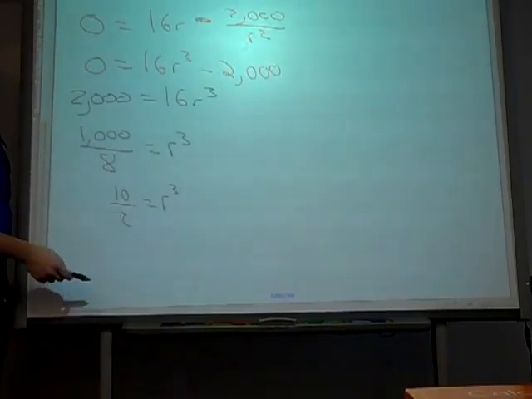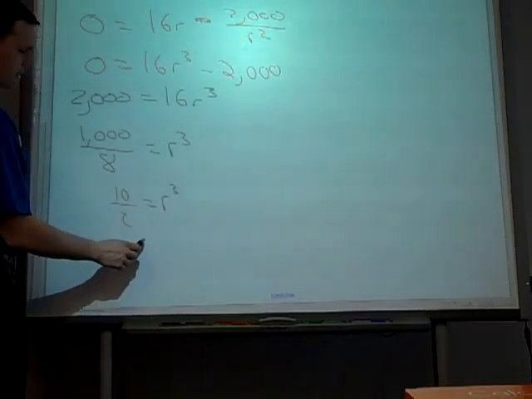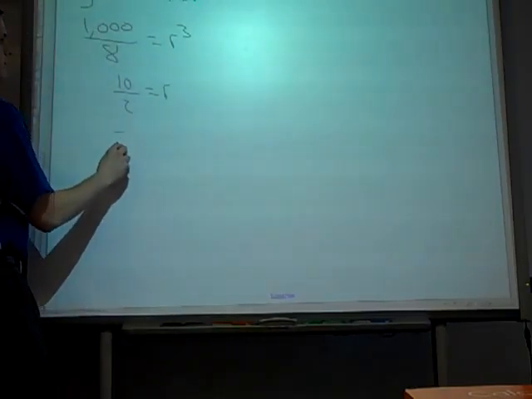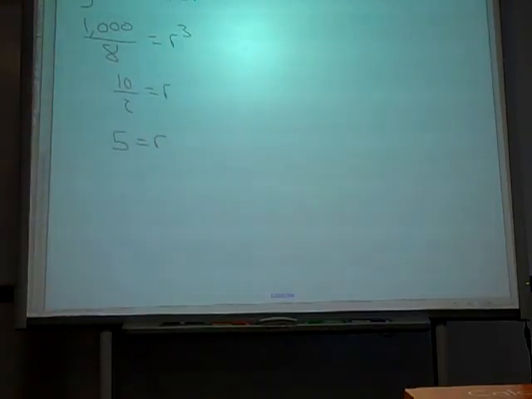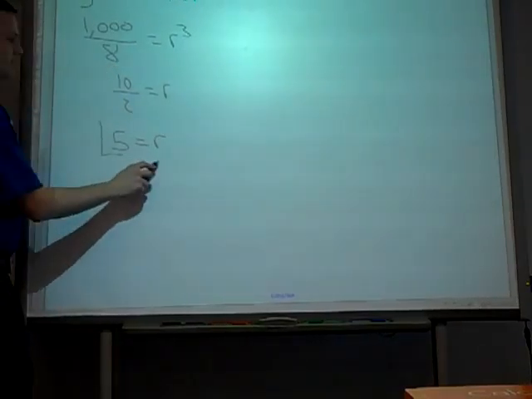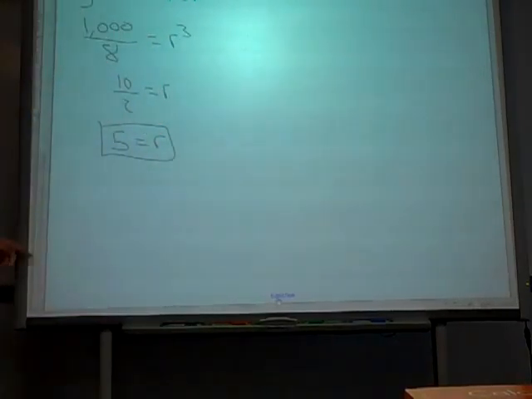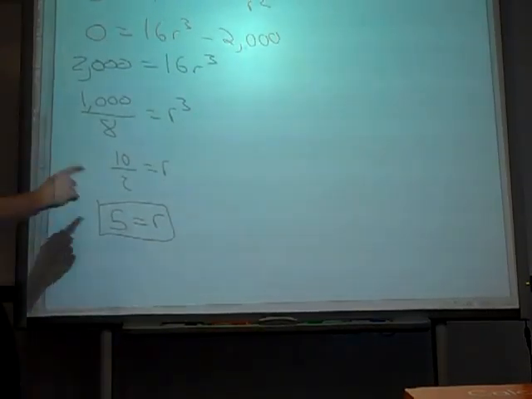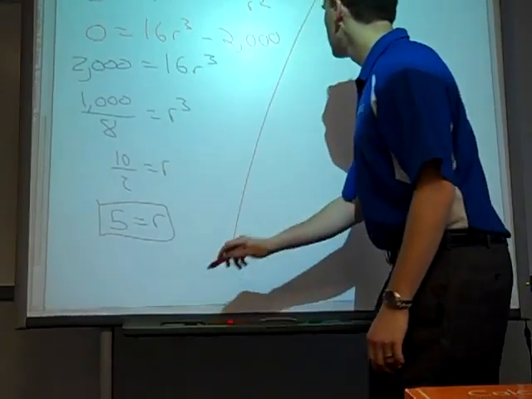But let's do it this way. Oh wait, there's no cube there. So 5 equals r. You guys know 10 cubed is 1000, 2 cubed is 8? I don't know, I'm just making things up. All right, so that is my r.